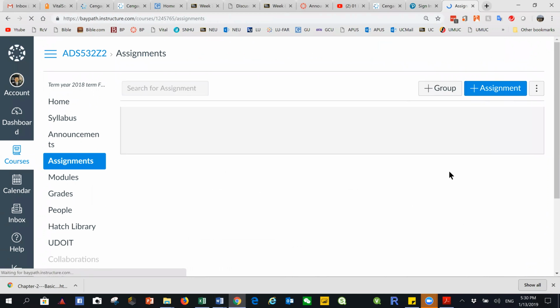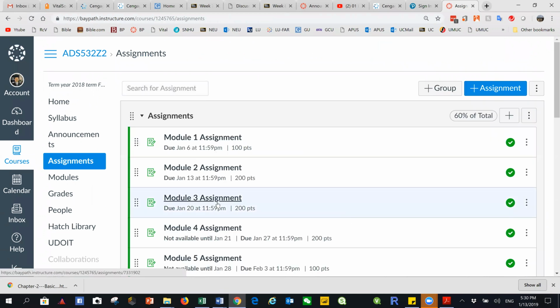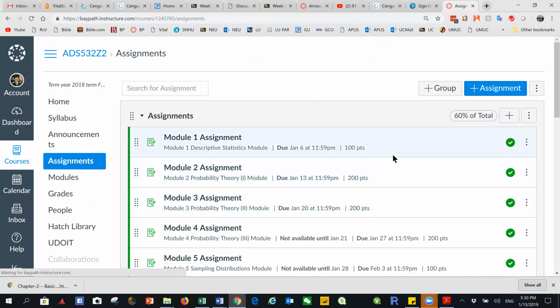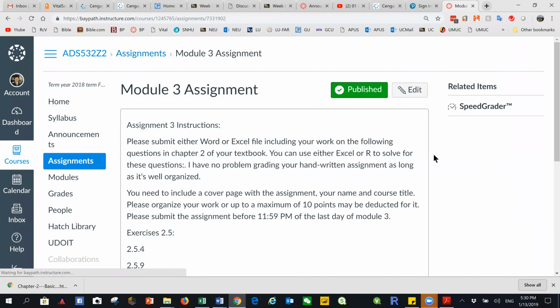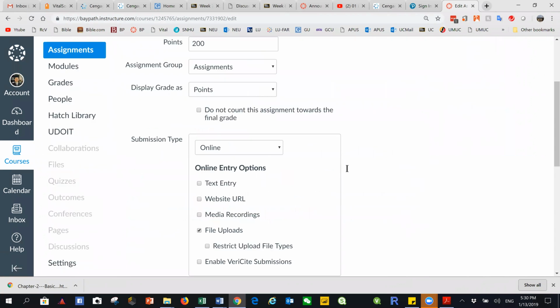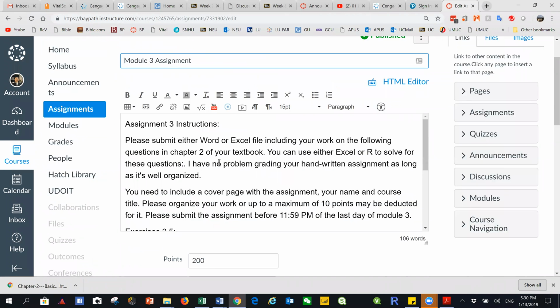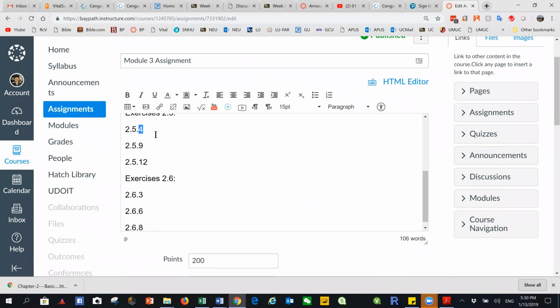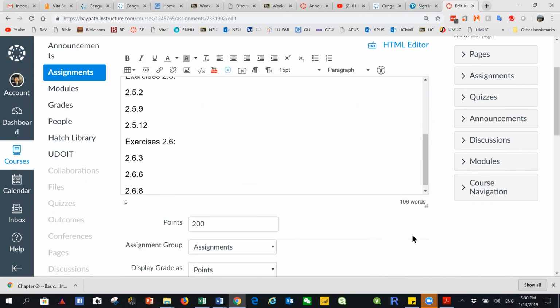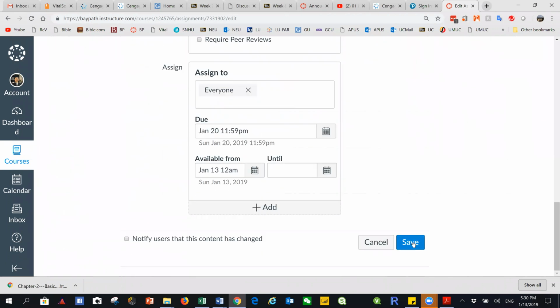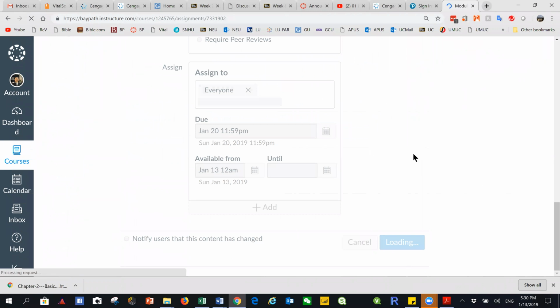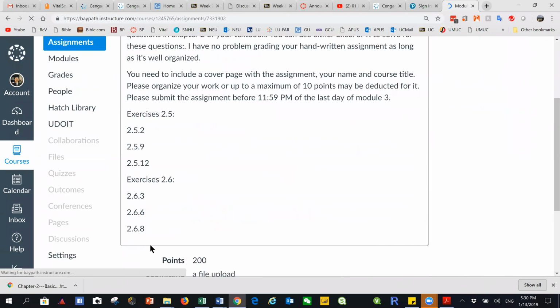So forget about 2.5.4, it's wrong. Let's do 2.5.2, 9, and 12.